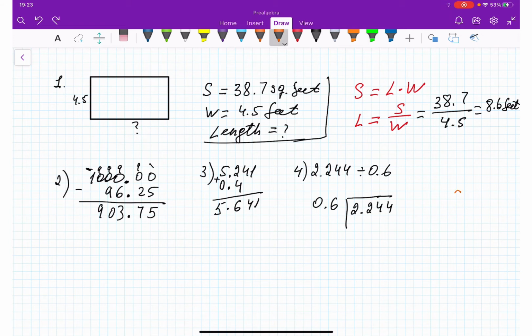If I have 6 divided by 2, I'm getting 3, right? Now what if I move the decimal point in 6 by one position, it becomes 60, meaning I multiplied by 10.